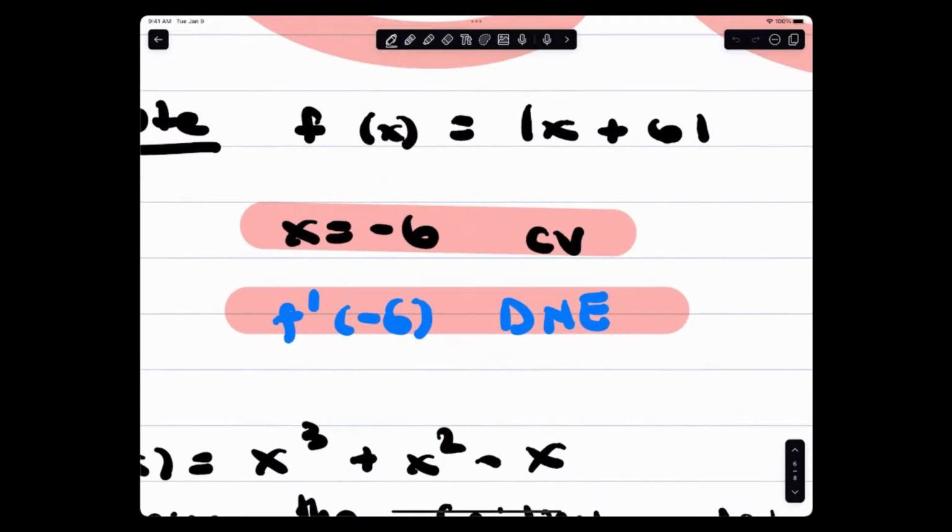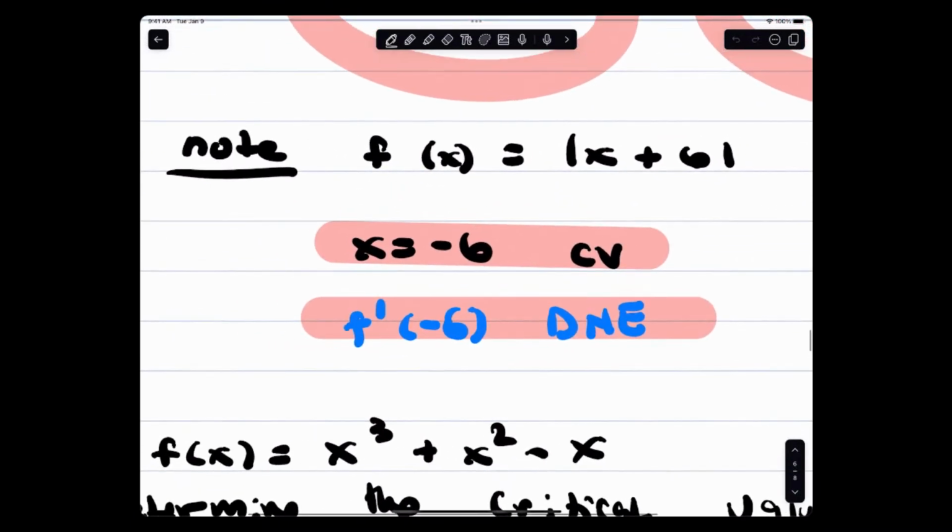This one. You say, why is the critical value at negative 6? Because that derivative does not exist at negative 6. That was a test question. But is the function defined at negative 6? Say yes.